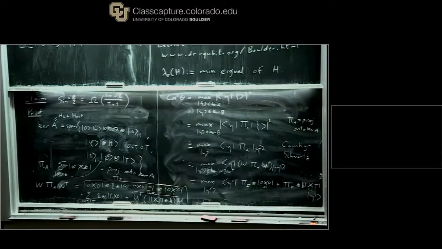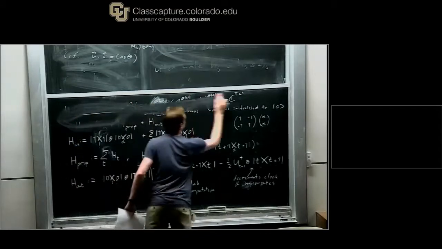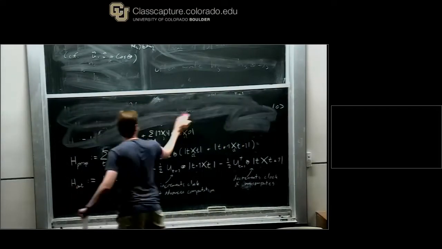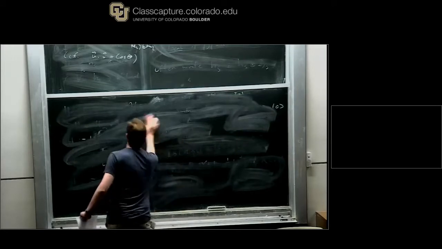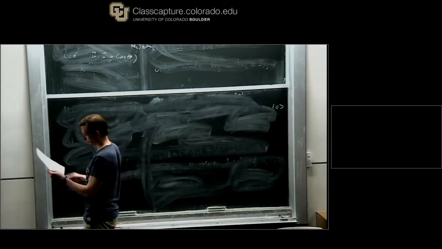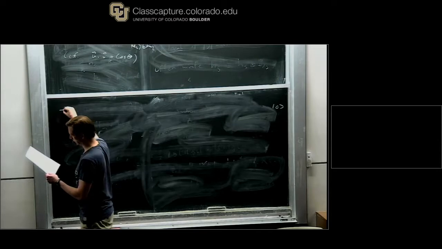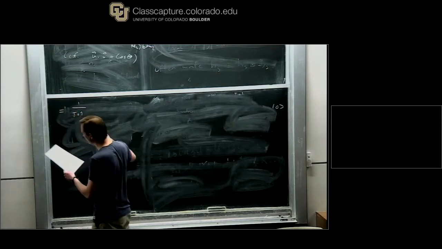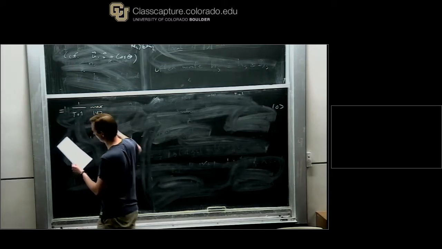So actually, if we were just writing down what the states eta primed have to look like, we have that this is the maximum over, what freedom do we have?